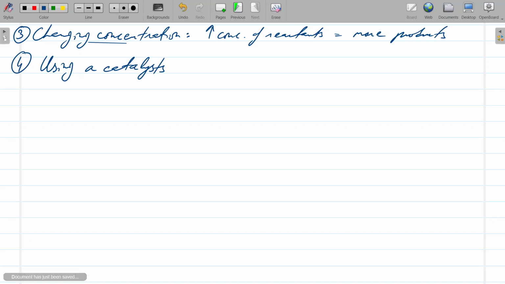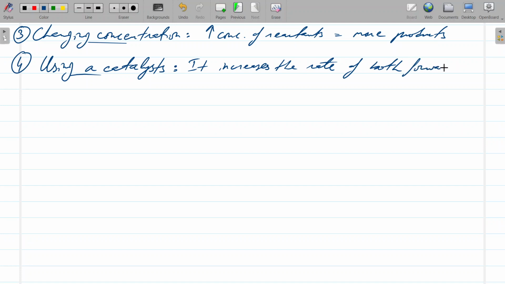The thing to keep in mind about a catalyst is that it increases the rate of both forward and reverse reactions.